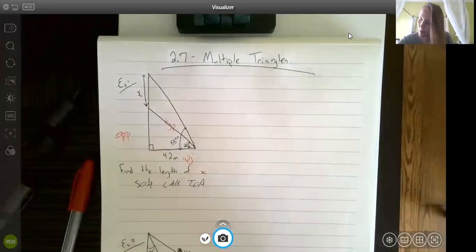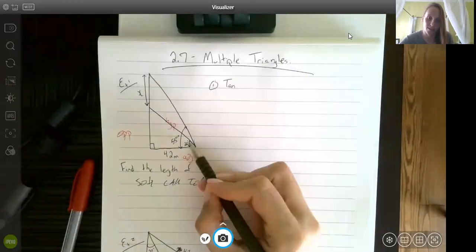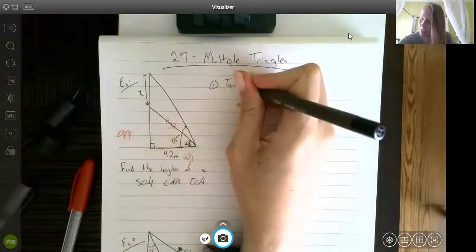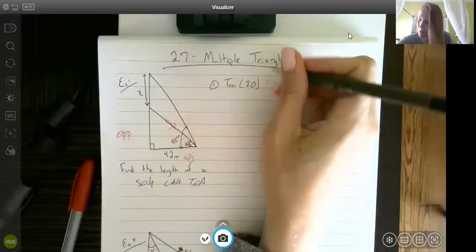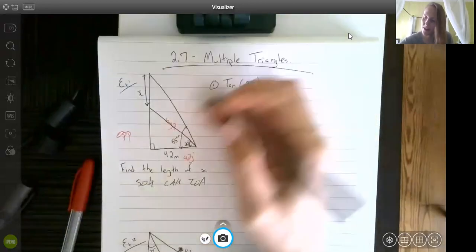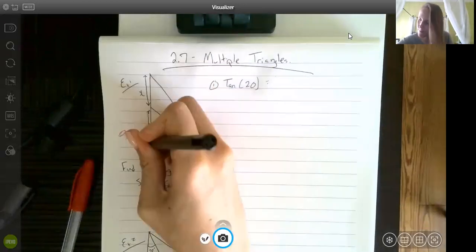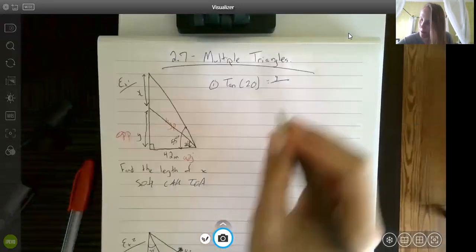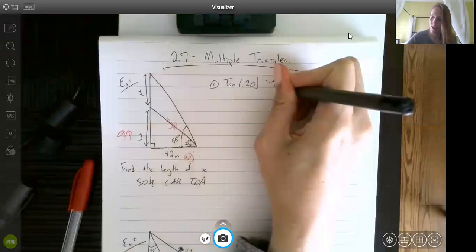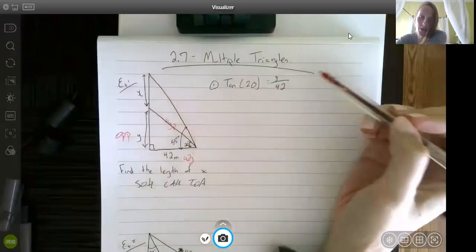So my first step is going to be the tan of the angle, which in this case is 20. So the tan of 20 is the opposite side, which is what I'm looking for. In order to not confuse it with the top part, I'm going to call it y, over the adjacent side, which is 42. And then anytime I have a fraction, of course, I need to move whatever's on the bottom.